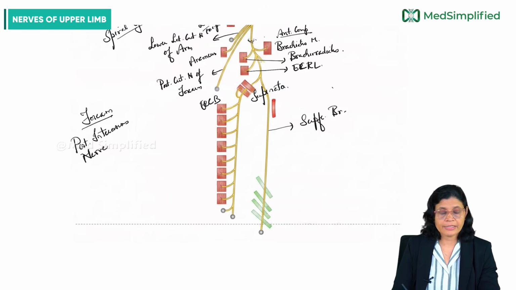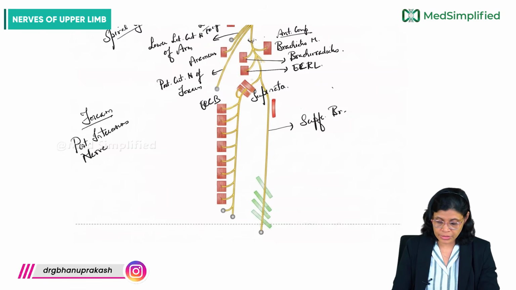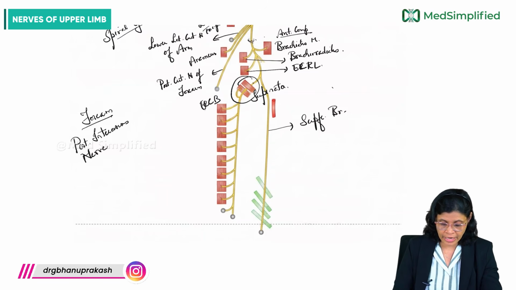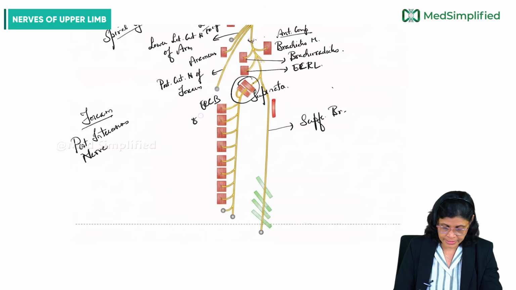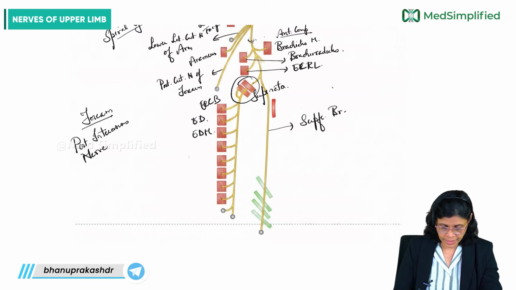Once it supplies these two muscles, it passes through the substance of the supinator and then supplies all the rest of the extensor muscles. So we have the extensor carpi radialis brevis and supinator already supplied. The rest of them are the extensor digitorum, the extensor digiti minimi muscle, then the extensor carpi ulnaris; these are all the superficial group.